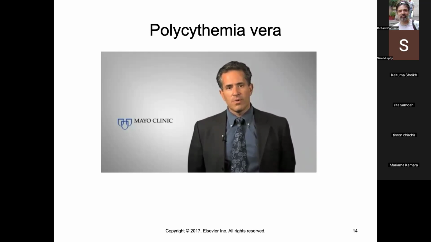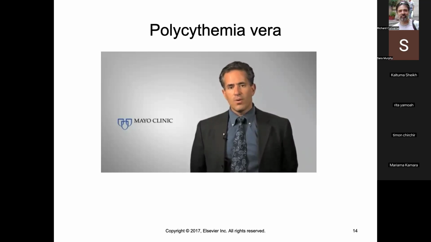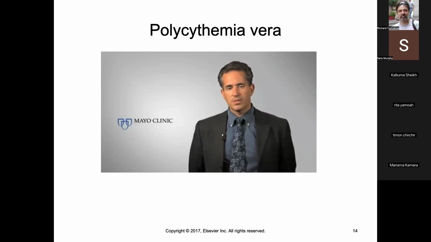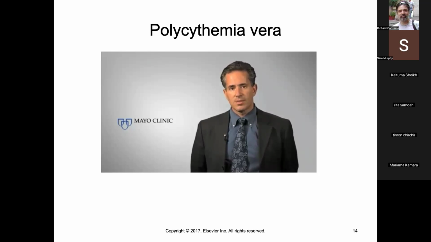Well, clearly, I refer you to your doctor in terms of coming up with a plan that is most appropriate for you. But in general, we know that one, a low-dose aspirin in patients who are not allergic to aspirin is probably beneficial for most patients to decrease their risk of blood clots.